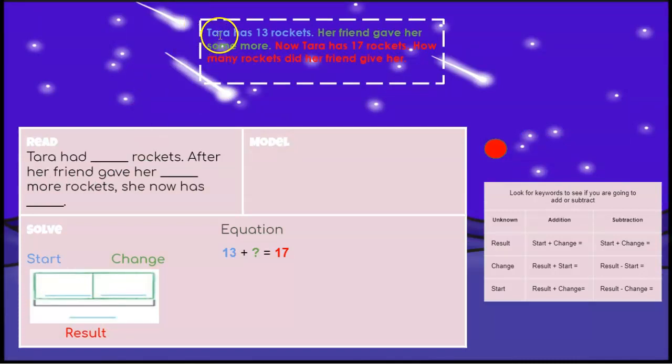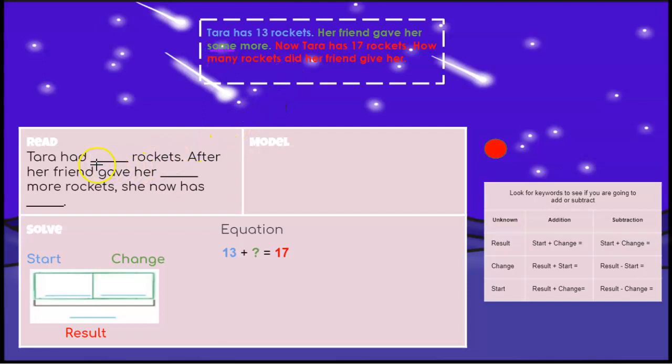Read with me. Tara has 13 rockets. Her friend gave her some more. Now Tara has 17 rockets. How many rockets did her friend give her? So here it's where the change is some, because it says her friend gave her some. We don't know how many she gave her.